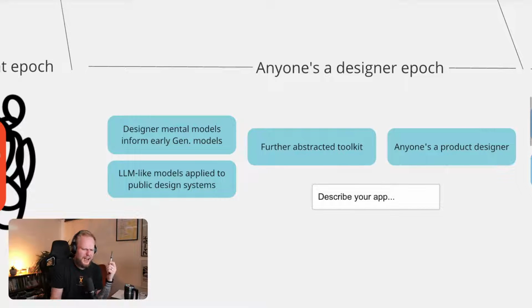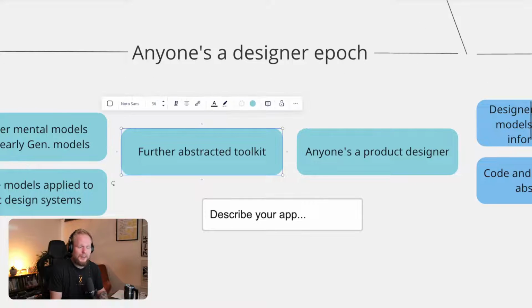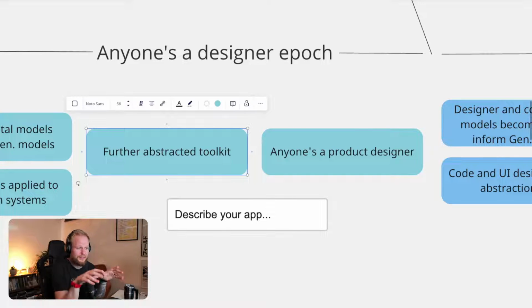Again, we have so many, IBM, and others, I'm blanking on the actual design systems, but there are so many public ones, like Google Material Design and every other which is being published, the design principle elements. If you can digitize all of that and plug it into the right generative models, all the data, again, to learn from, you can then combine it with the mental models of the designers and create a very abstracted toolkit where anyone could come to the tool and say, create me a banking app.